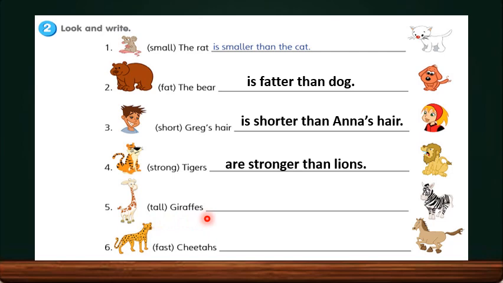Which animals are taller? It's giraffes. Giraffes are taller than zebras. Question 6. Cheetahs and horses. Which animals are faster? Correct, it's cheetahs. Cheetahs are faster than horses.